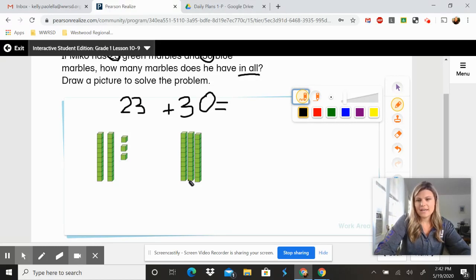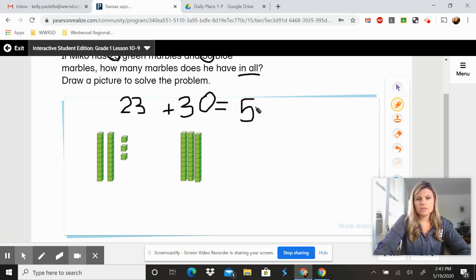Because I don't have to make a 10. There's not enough ones to make a 10. 10, 20, 30, 40, 50. Tell your brain, counting ones now. 51, 52, 53. Good. Okay, and if you did this, you're drawing. If you did a number line, that's drawing. Okay, whatever your strategy is.